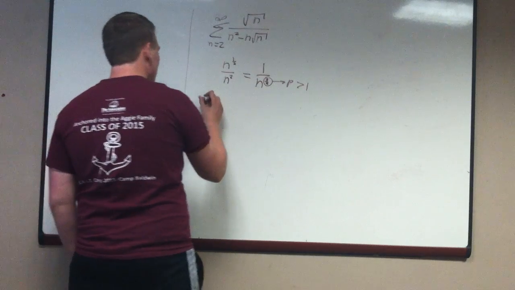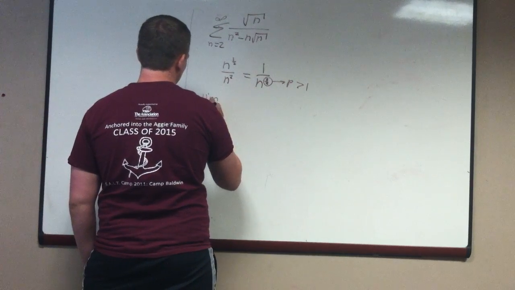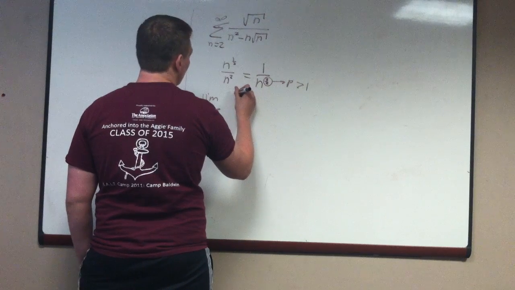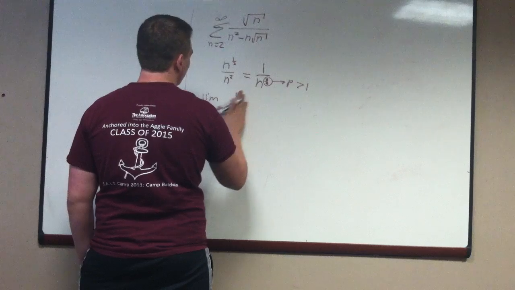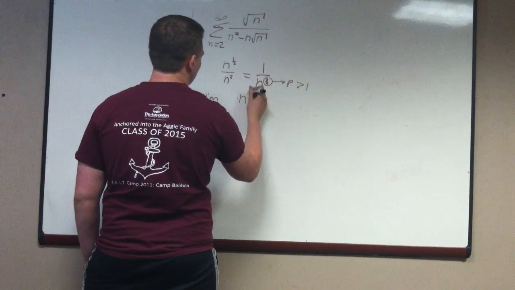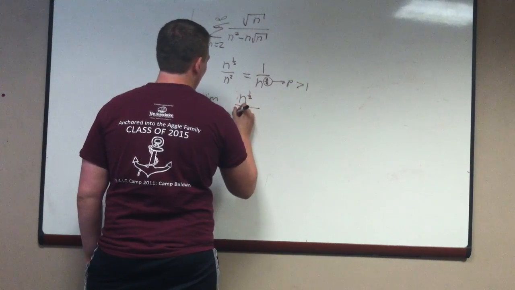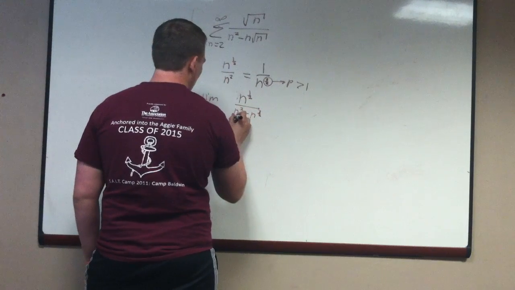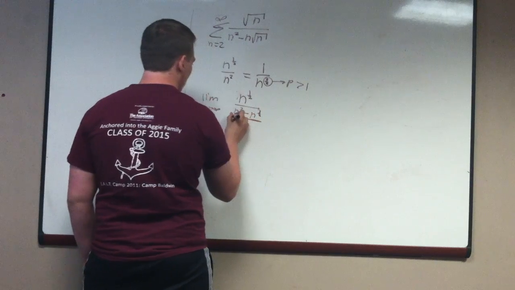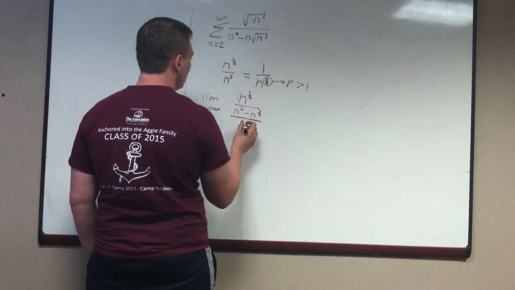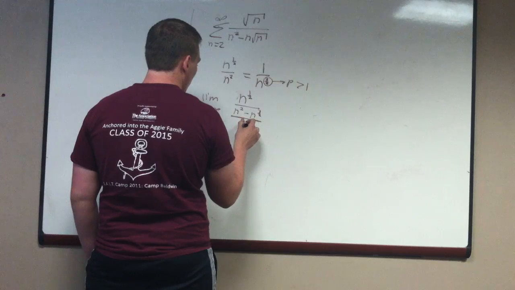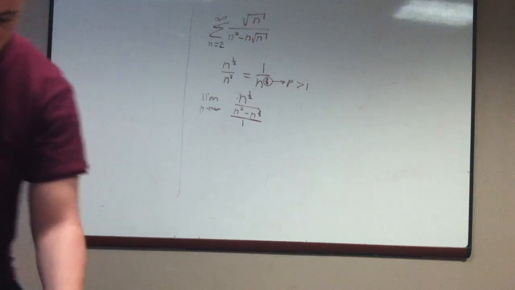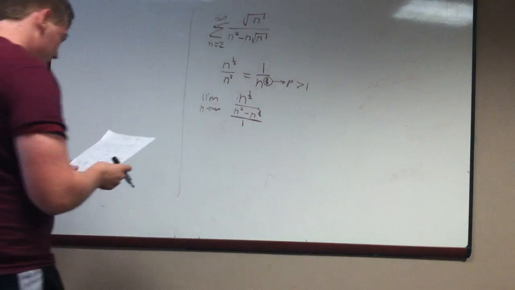Now what Szucs does is he takes the limit as n approaches infinity for a limit comparison, and he puts this on top, so that's n to the 1/2 over n squared minus n to the 3/2. And then he goes, let me look at his key, make sure I'm writing it exactly how he does.